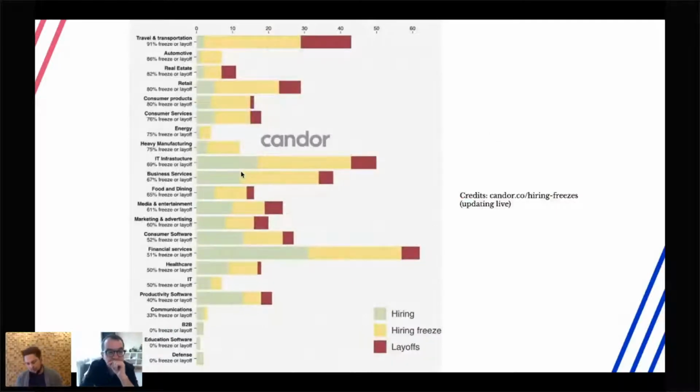We see also an indicator of how these companies want to grow, and whether they are deciding to invest more, put their company on freeze, or lay off employees. We can see that the travel and transportation industry is really affected.